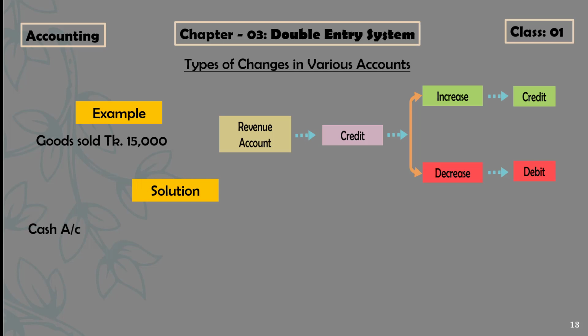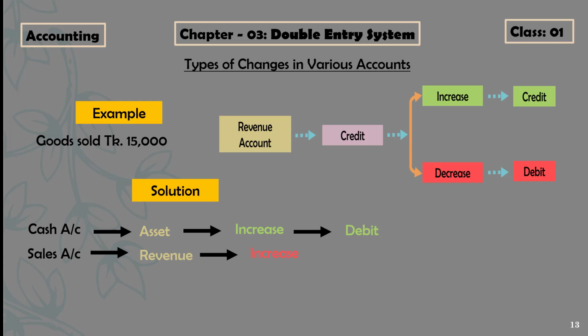Since we have sold goods for taka 15,000 and received cash, cash account, which is an asset account, has increased due to the sale of goods, and thereby we will debit it, because any increase in asset we will debit. The other account is sales account, and sales account is a revenue account.